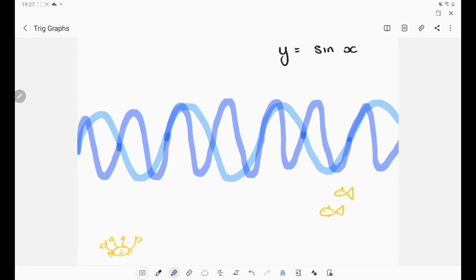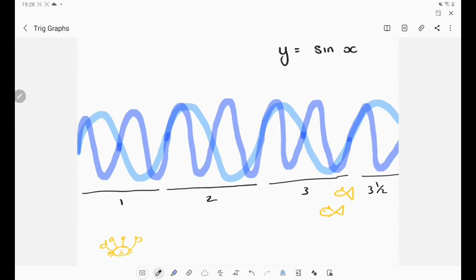Now, the waves are still the same height, but now we've got more of them. And the question is, how many more, and how does it change our formula? So our original wave, we have 1 sine wave, 2 sine waves, 3 sine waves, and we have a half there as well. So we end up with 3.5 sine waves.